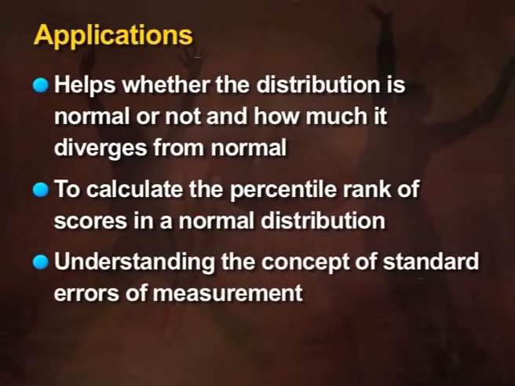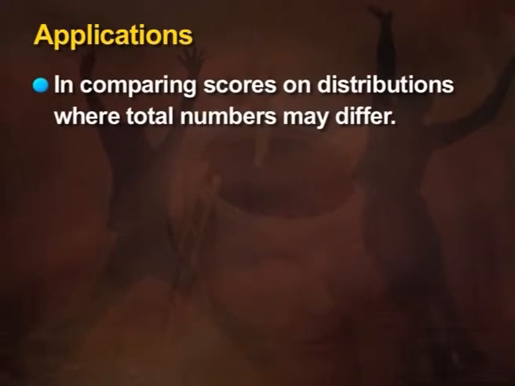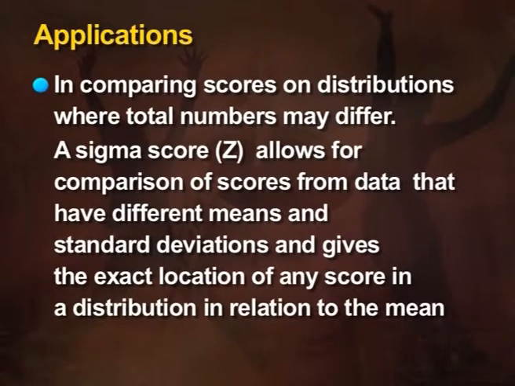It helps in understanding the concept of standard error of measurement, and it helps in comparing scores on distributions where total numbers may differ. A sigma score Z allows for comparison of scores from data that have different means and standard deviations and gives the exact location of any score in a distribution in relation to the mean.